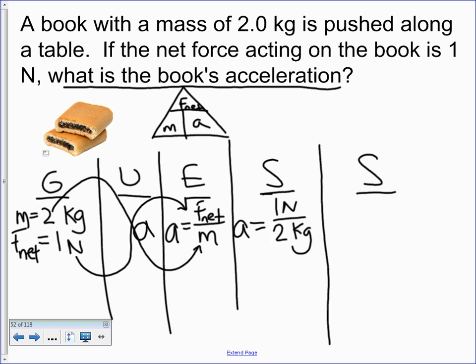And if you solve that out, acceleration equals 0.5 meters per second squared. And tomorrow we'll be doing pretty much the whole class these types of problems, but I just wanted to give you some background on the exact format of how to do them.